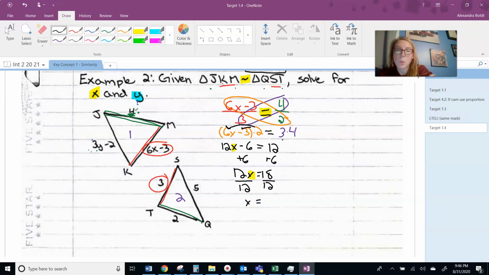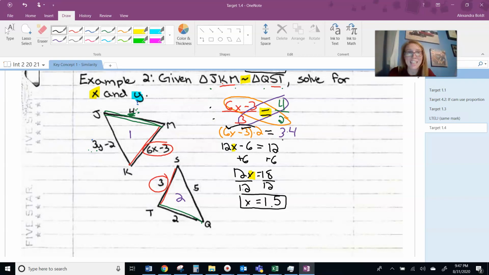And 18 divided by 12 is 1.5. You could also get that as a fraction. Again, either one is fine. But again, once you have it set up, it's exactly like what we did in target 1.3.